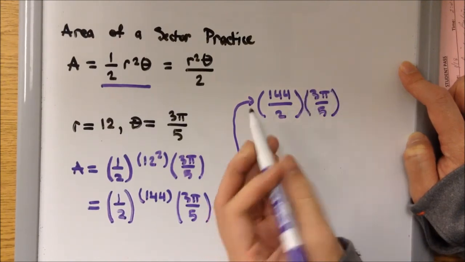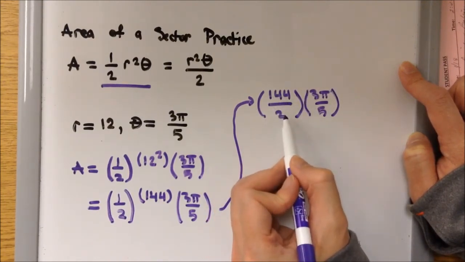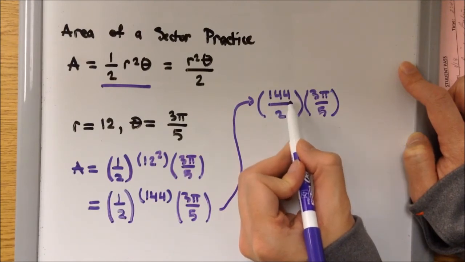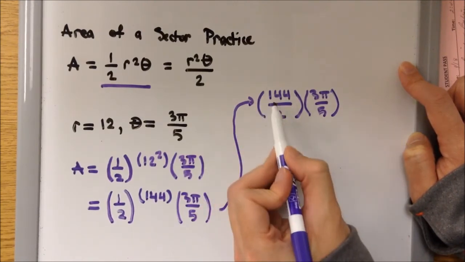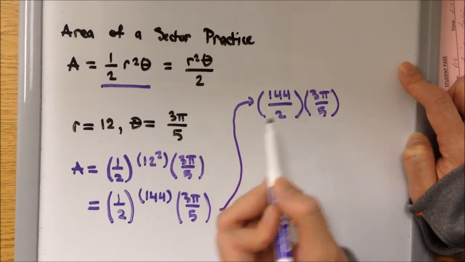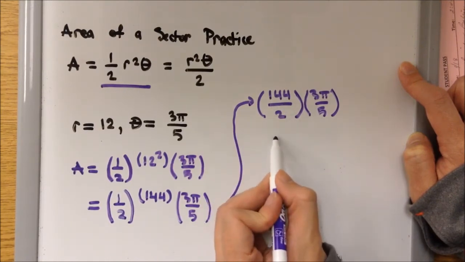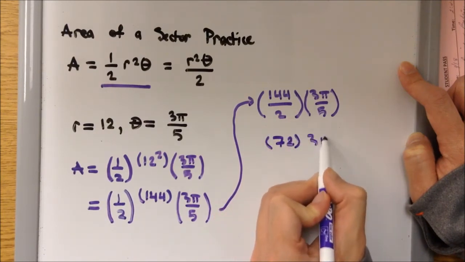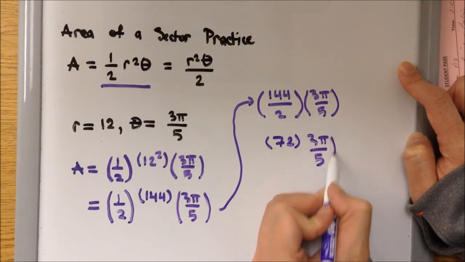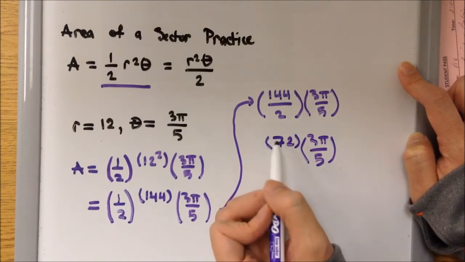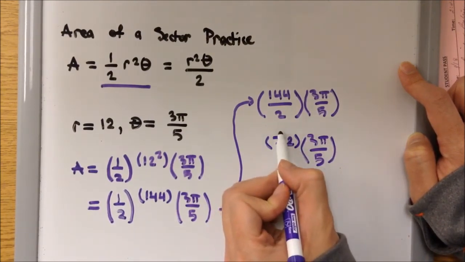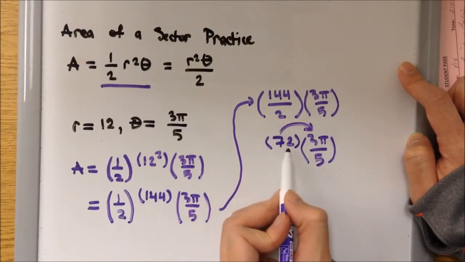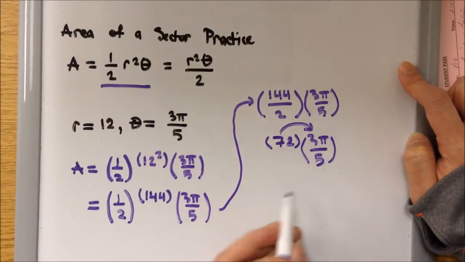To make your job easier, I would just do 144 divided by 2, because 144 is an even number. So 144 divided by 2 is 72, times 3 pi over 5. And now we have a whole number multiplying a fraction, so the whole number times the numerator. So 72 times 3 pi is 216 pi over 5.